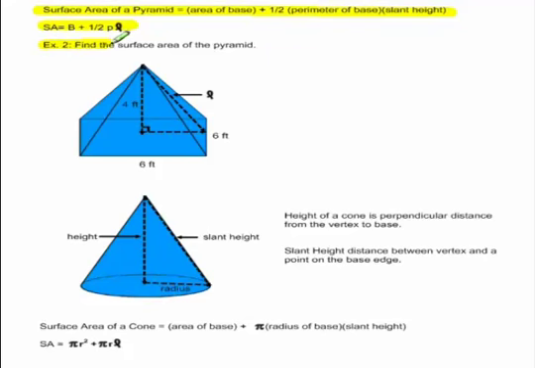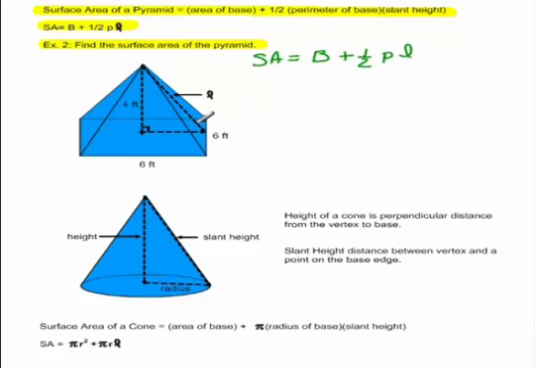If we want to find the surface area of the pyramid, we need to write our formula. The surface area is equal to the area of our base, and we put big B because we don't know if it's a triangle or a rectangle, plus 1/2 P L, where P stands for perimeter and L stands for slant height.